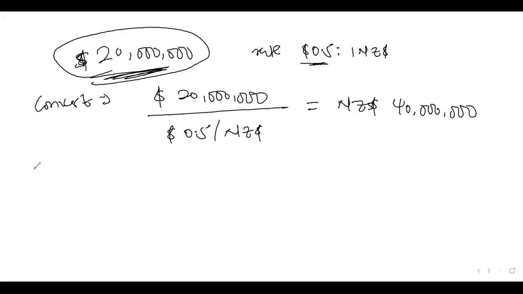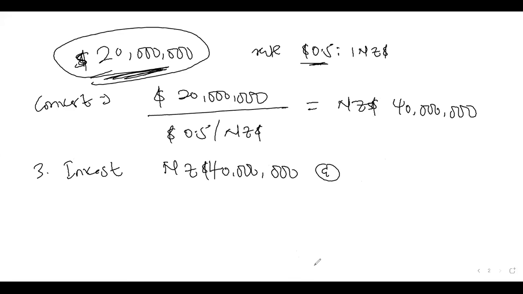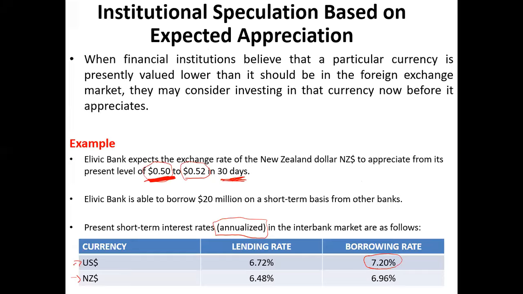So number three, we have to invest the 40 million New Zealand dollars at a certain rate. So we have to go and look at the question. And in the question, the lending rate in New Zealand is 6.48.